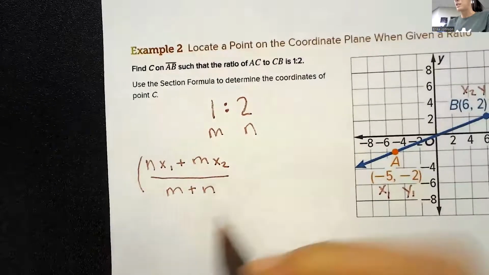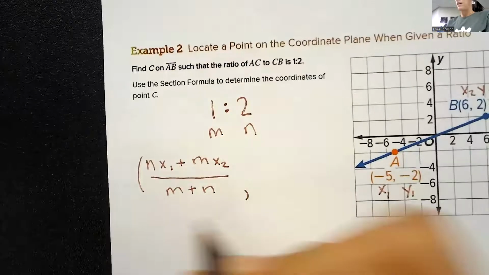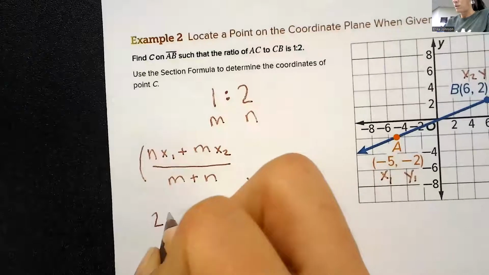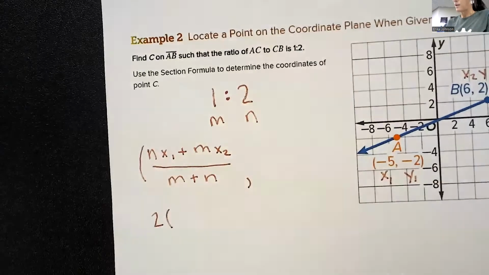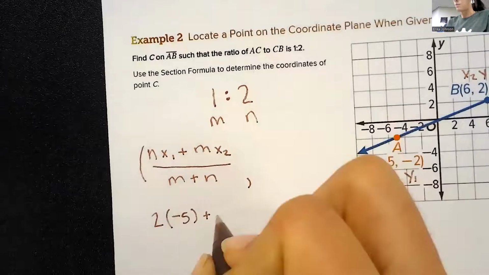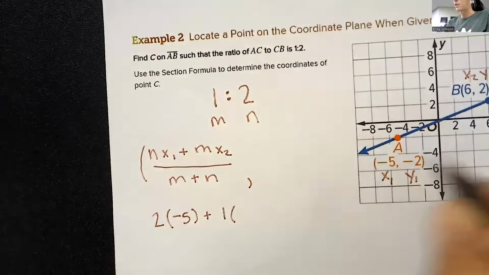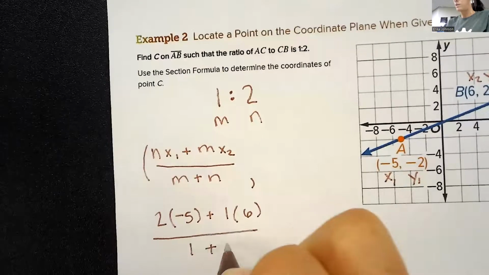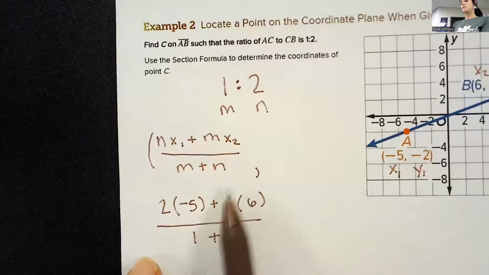So when I plug into just this first part, n is 2, so I'm going to have 2 times x1, which is -5, plus m, which is 1, times x2, which is 6, over 1 plus 2. Notice those are swapped.